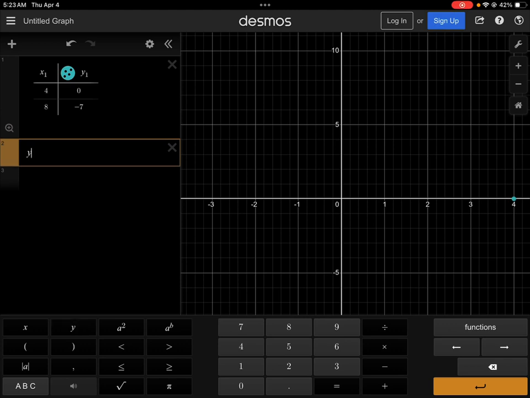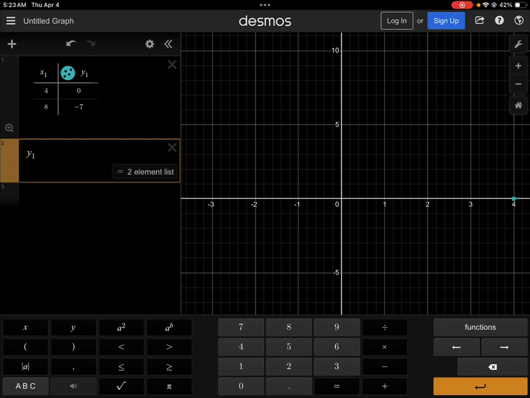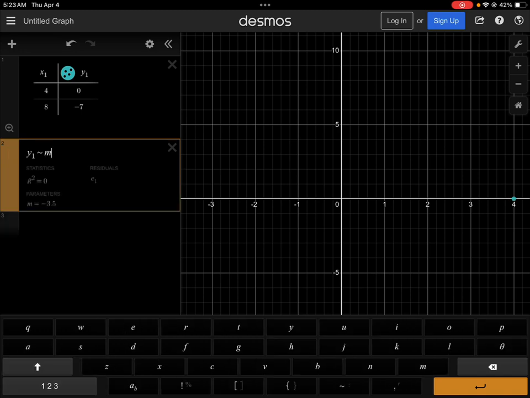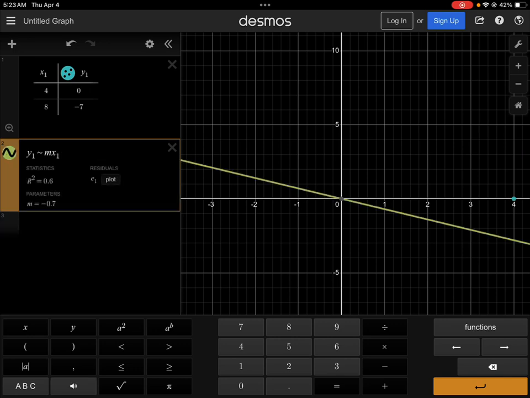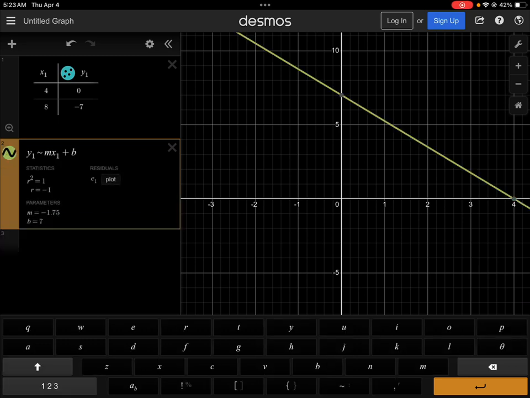Next, the usual y1 squiggly m x1 plus b, and I have the equation.